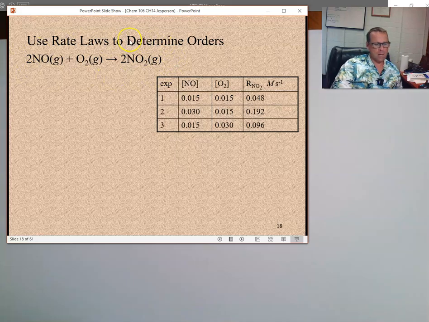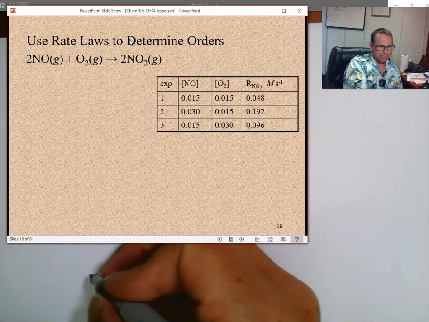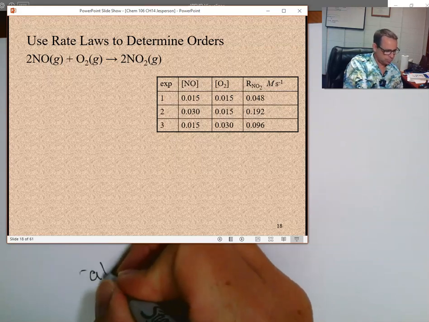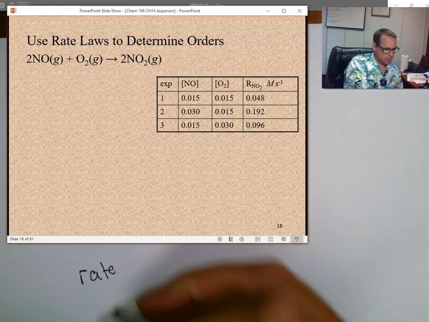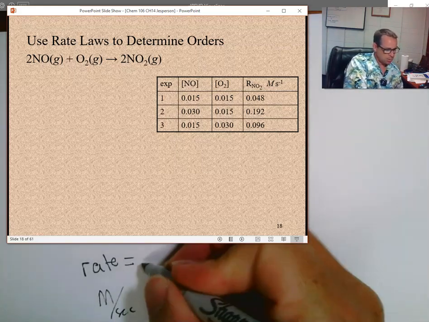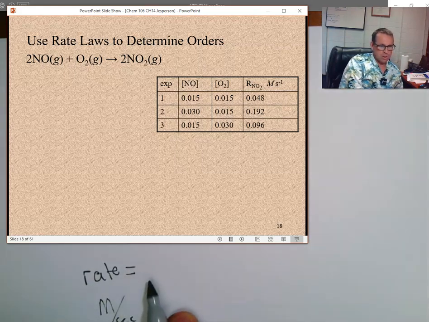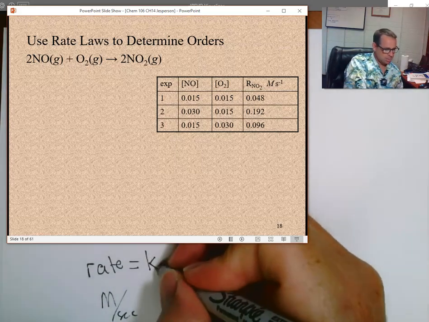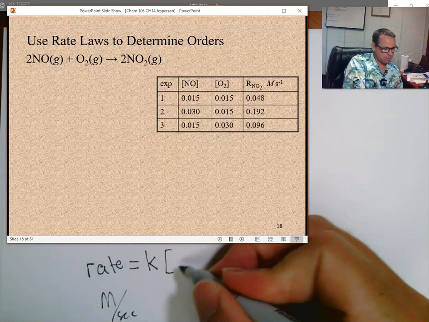What should I write down? Well, we know that the rate is going to be molar over second. That's right. The rate is going to be in units of molar per second. Rate equals, what else do I write? The lowercase k, some constant, times what?